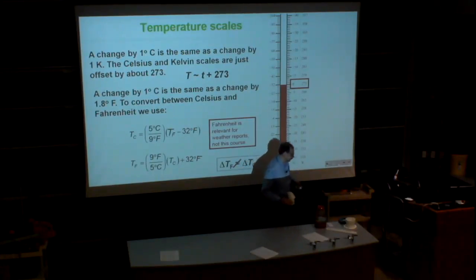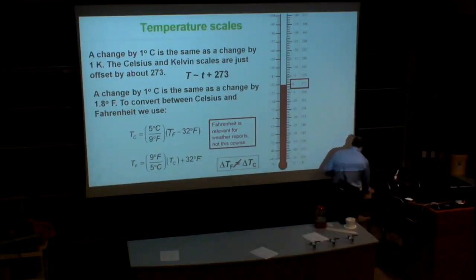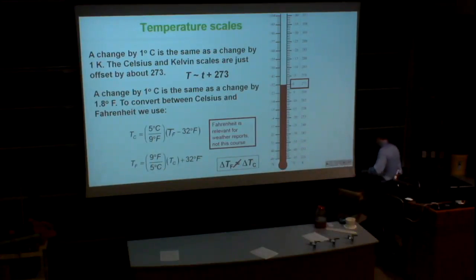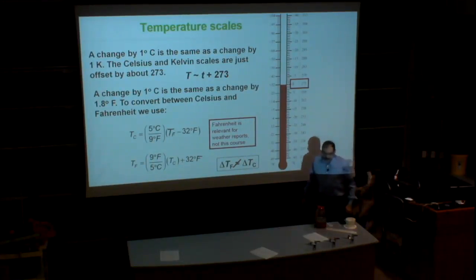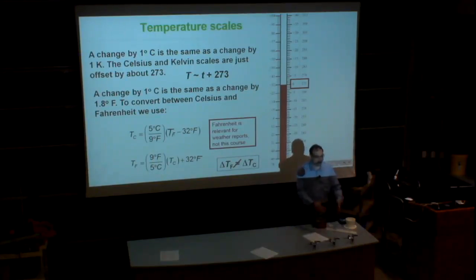And how do we set a temperature scale? Well, Celsius just used two buckets, one with iced water, second with boiled water. He placed his thermometer into iced water, drew a line and said 0.